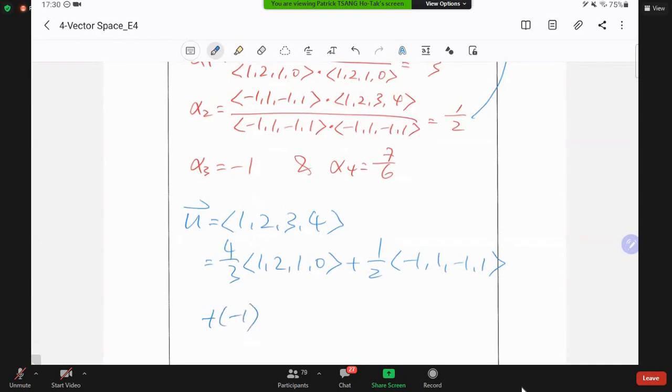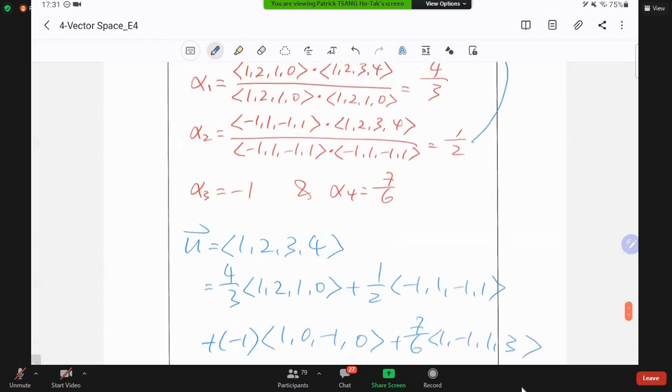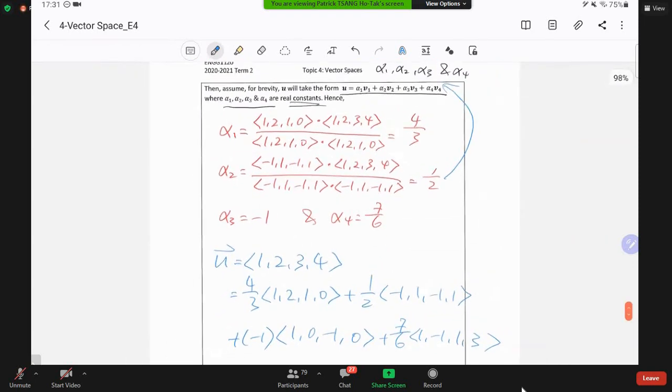Maybe I put it this way. The last one. By taking a look at the blue part, I make use of Theorem 6 to write down the given vector u as a linear combination of the vectors of a particular orthogonal basis. This is how we can make use of Theorem 6.